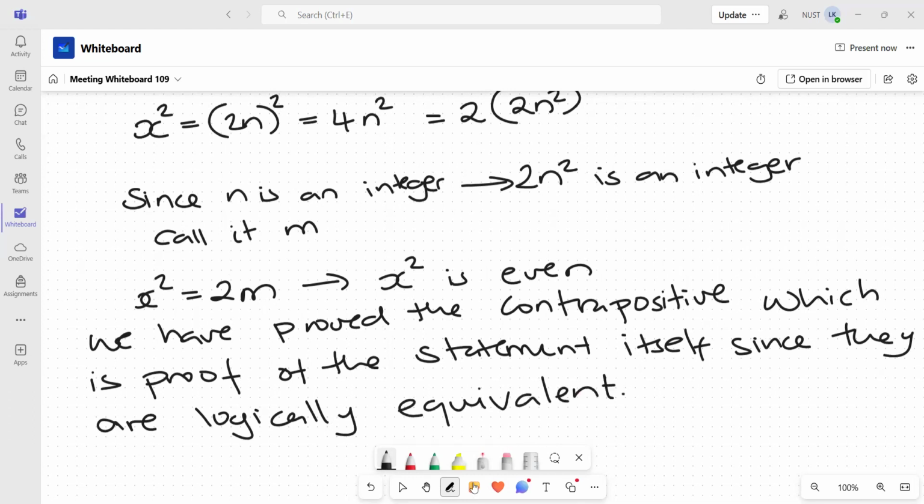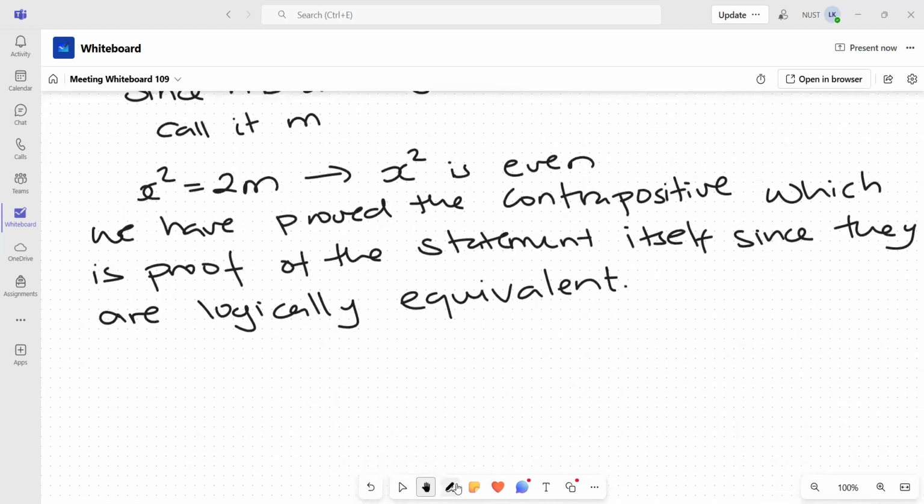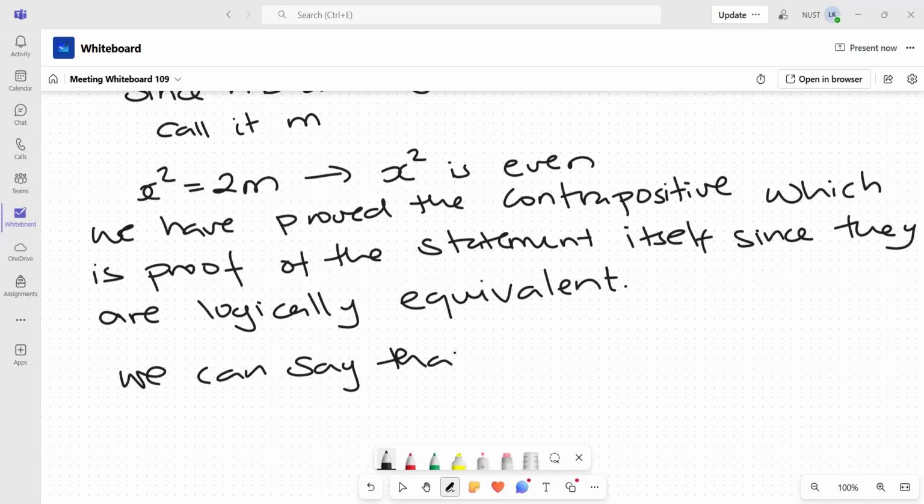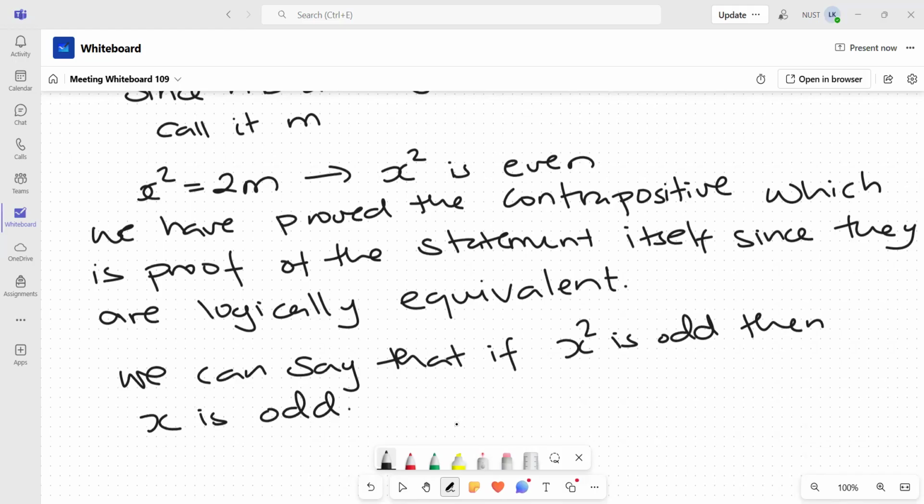Okay, so we can say that if x squared is odd, then x is odd. Okay, so we've proved this not directly, but indirectly by using the contrapositive.